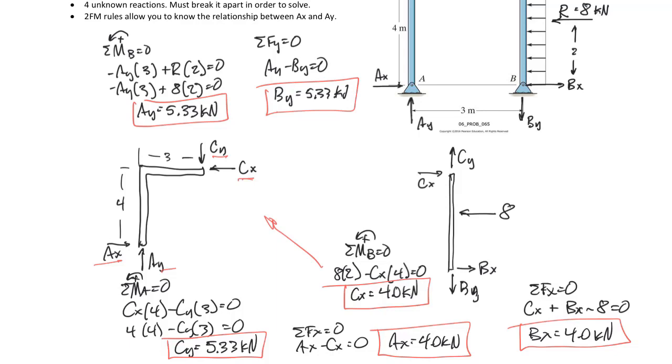Now, one thing we could have done here is recognized that this is a two-force member. I don't know if you did that when we were looking at this or not, but this happens to be a two-force member that is bent or crooked. What we do know is some rules about two-force members. I'm just going to put these in blue here: CX is equal to AX. That's a rule. AY is equal to CY.